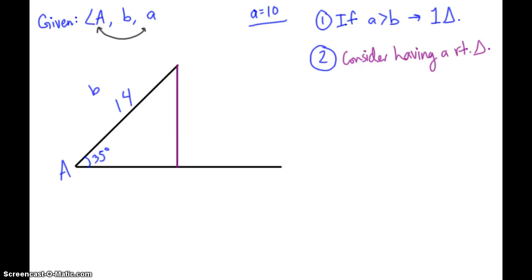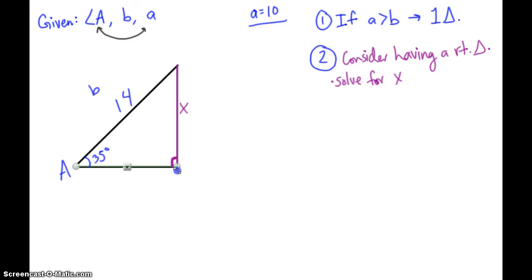If this is a right triangle, I'm going to label this third side X. And I want to solve for X. Notice I'm not calling it A because I don't know if that's the right length or not. I don't know if A is going to be exactly a right triangle. But I'm saying, well, let's see what that would have to be. What would A have to be to make this a right triangle? Let's find that out. And we can do that using what we know about right triangles and right triangle trigonometry.